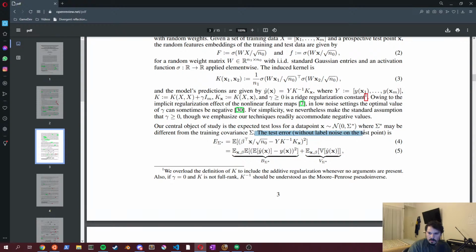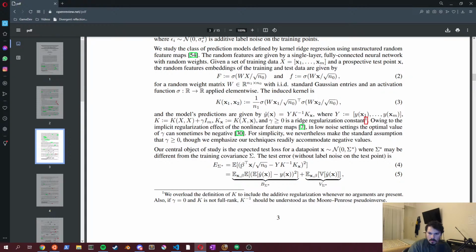The test error without label noise on the test point is given by the expected value of, this is just sigma, and this is y hat, right?